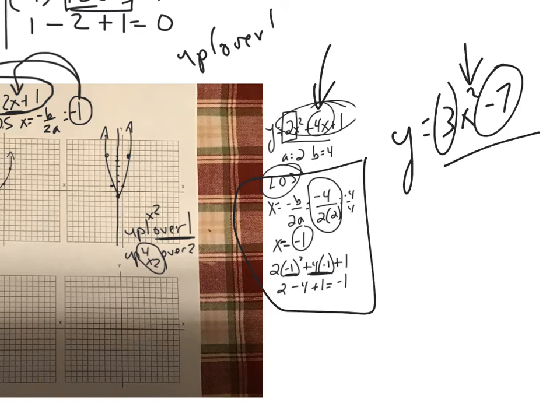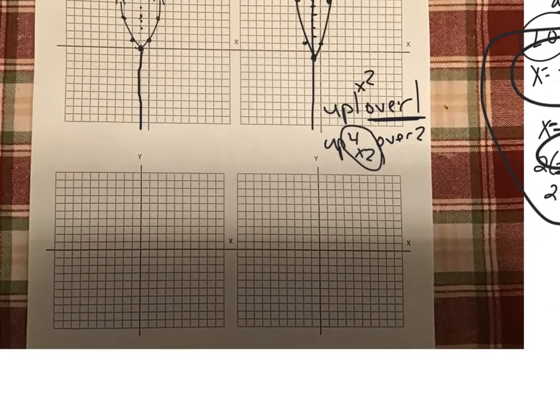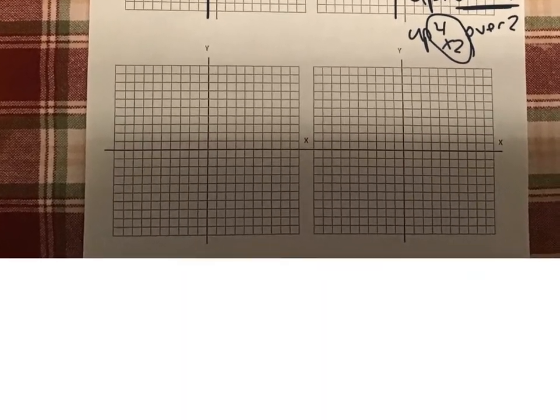There's an x squared, but no x. As soon as I throw in that x, that throws off where my line of symmetry goes. So we have to find this first and then plug what we get into the original formula, and that'll tell us where the vertex is on that line of symmetry. Let's try one more of those, at least, and then do a review of all of it.